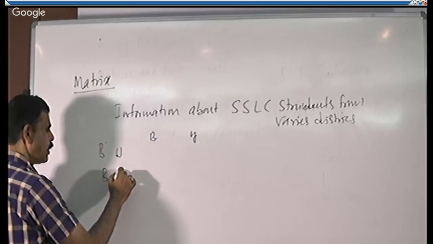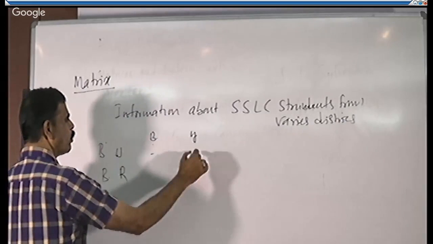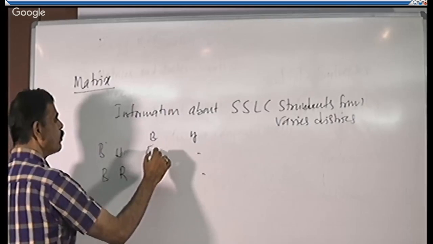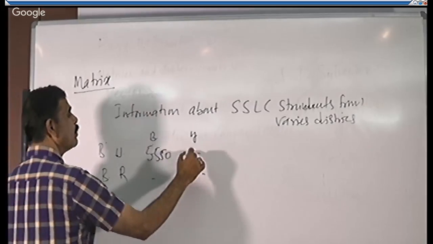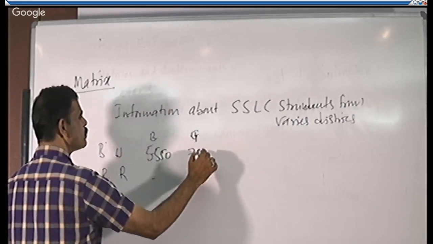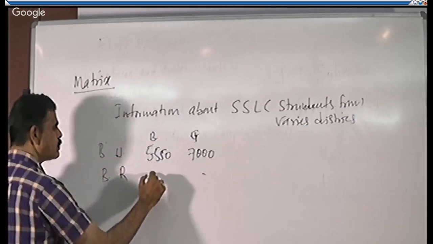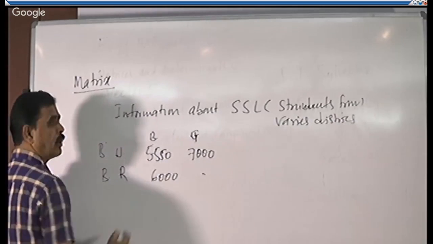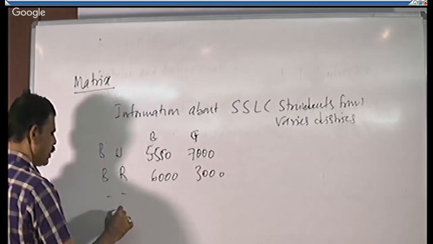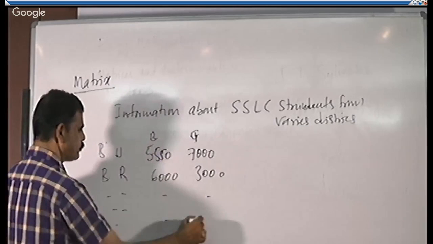Bangalore rural, how many boys are there, how many girls are there? So for example, 5,000 boys and 7,000 girls. In Bangalore rural, say 6,000 boys and girls about 3,000, like that. If I take all the districts, we have data.